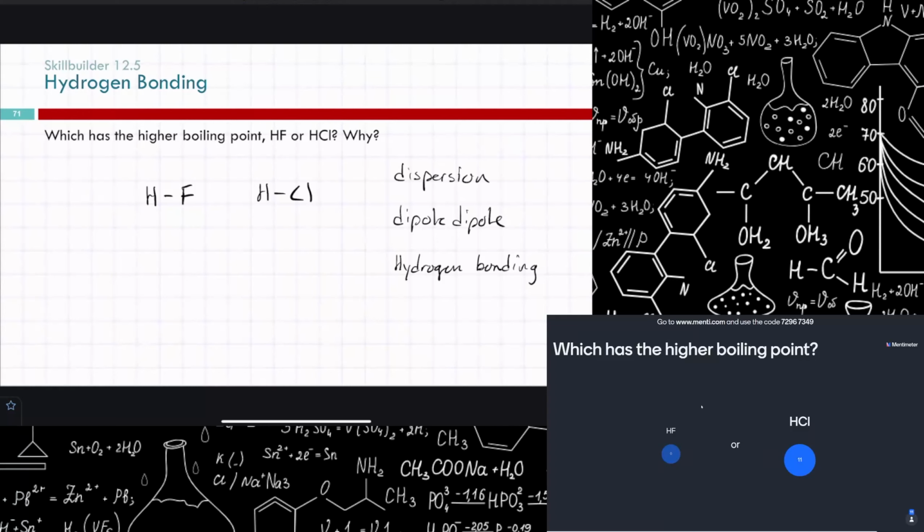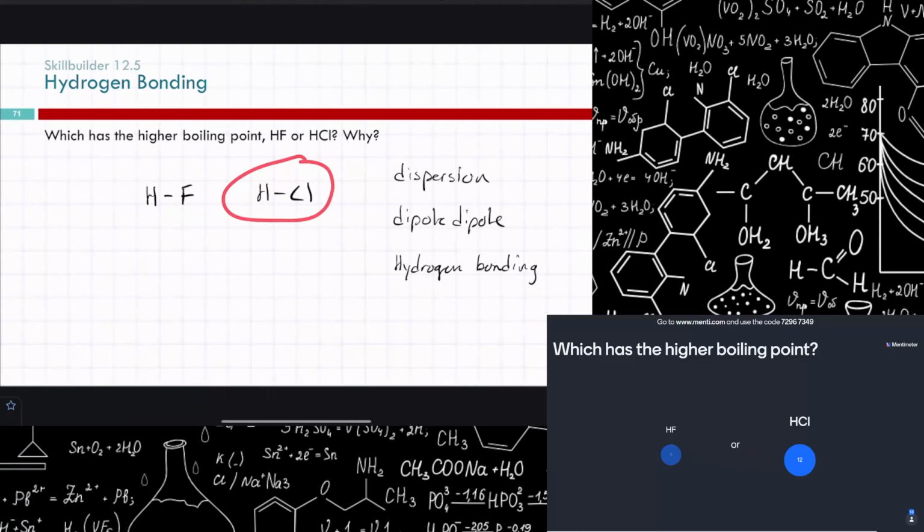Is anybody going to buck the trend? I realize I don't have my camera on this slide, on this scene. One for hydrogen fluoride. See if I can... It doesn't look like that worked. Okay, so let's talk about this then, because I can see why you would vote for HCl.